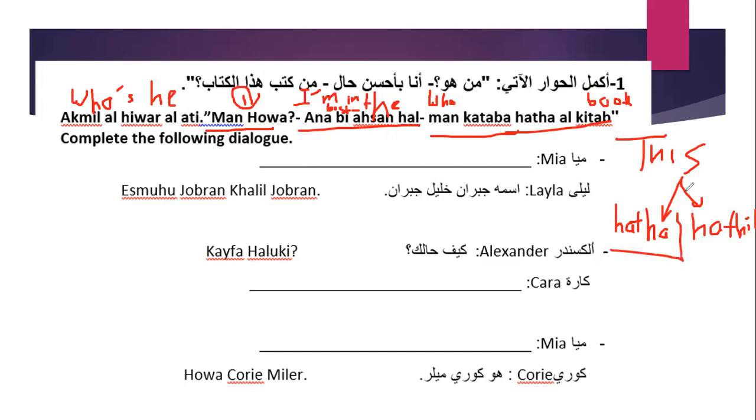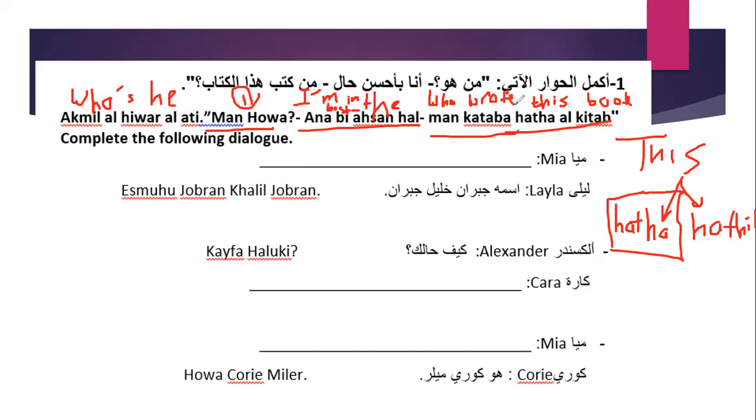So هذا we use if we are talking about a masculine, and هذه if we're talking about feminine. Kitab is masculine, so here we put هذا, so it's man, this book. What do you mean by kataba? Who wrote? Kataba is the verb of kitab, okay? So who wrote this book?